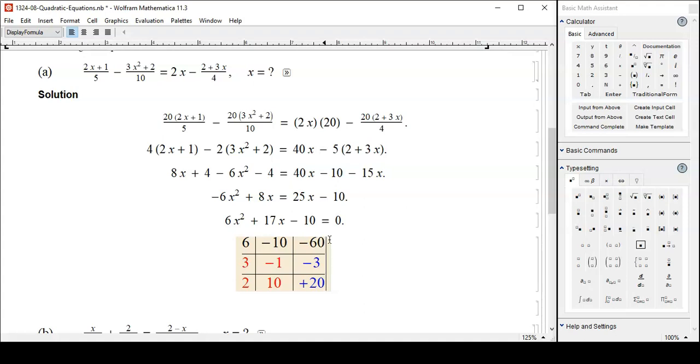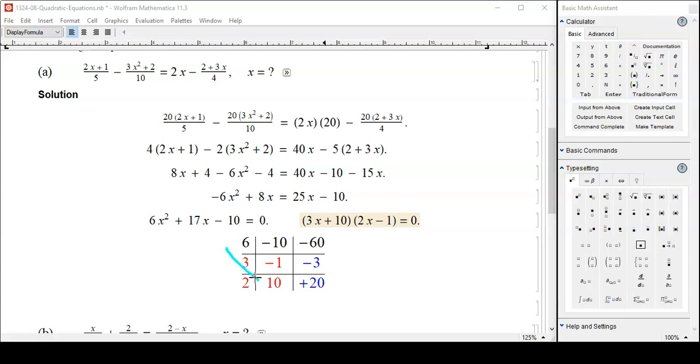And then we do the cross multiplication. 3, 10, 2, negative 1. 3, 10, 3x plus 10, and then 2, negative 1, 2x minus 1. Kind of like this.